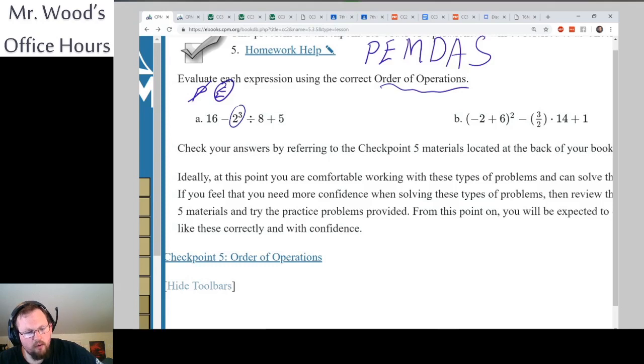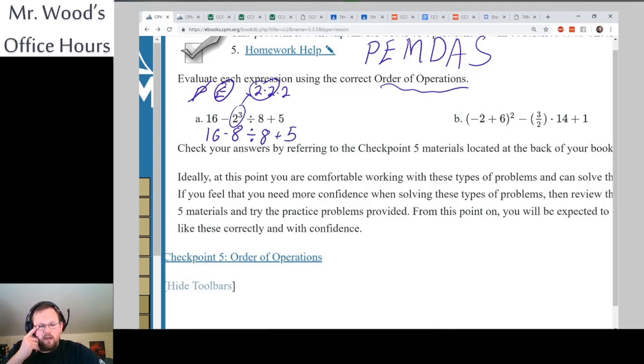2 to the third power is going to be 8 because it represents 2 times 2 times 2. So 2 times 2 is 4, times 2 is 8. So now I rewrite my problem as 16 minus 8 divided by 8 plus 5.